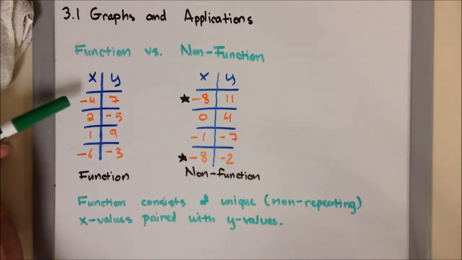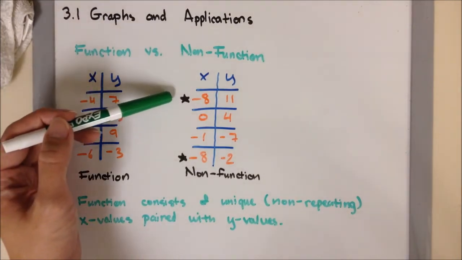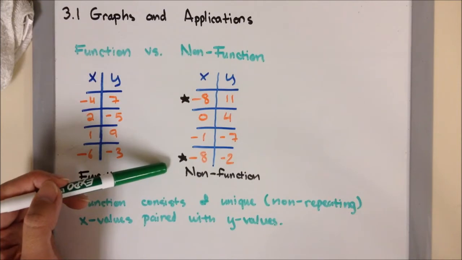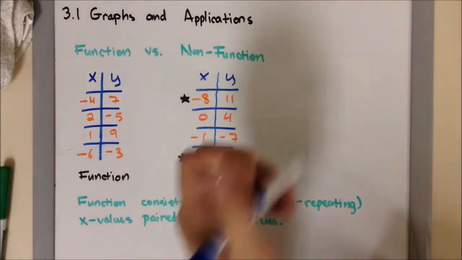So the first table, again, you don't see any repeating x values. They're all unique. Then over here, there are repeating x values, so therefore it's a non-function. Now, there's another example we have to watch out for.